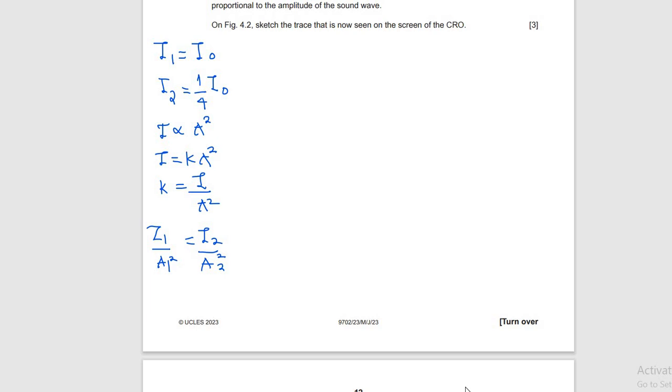So from here, remember that I1 was I naught, and the first amplitude we got earlier was 2.8. That's 2.8 squared. The second intensity is 1/4 of the first intensity. So I don't know the amplitude when the intensity is 1/4.